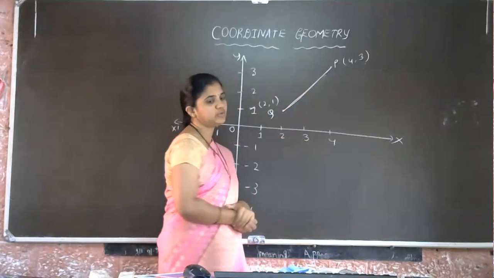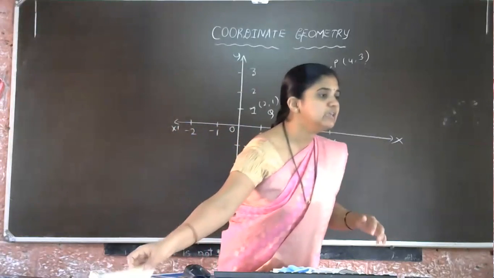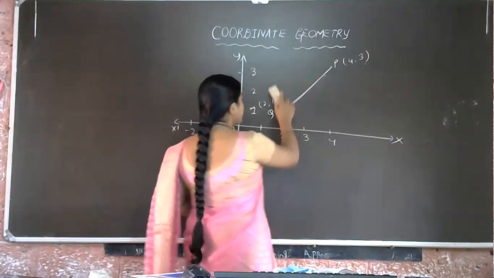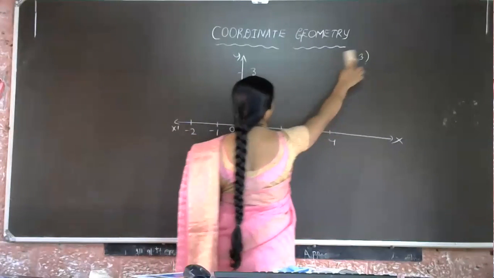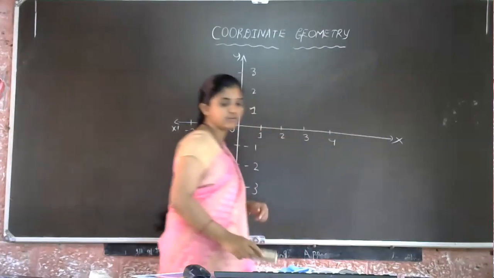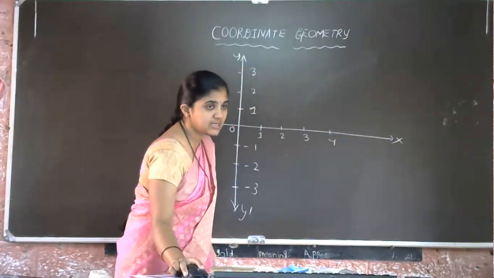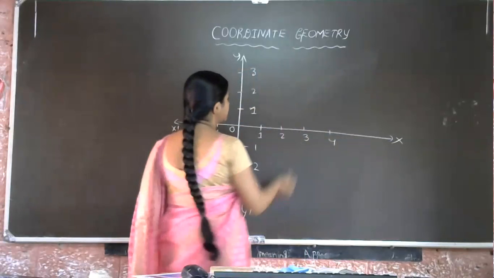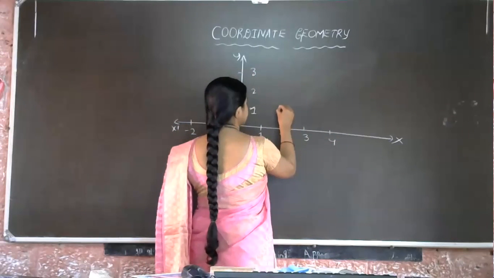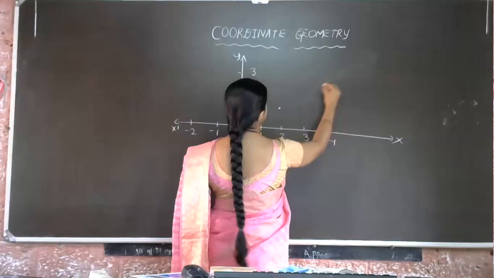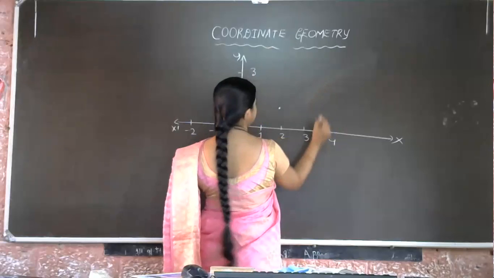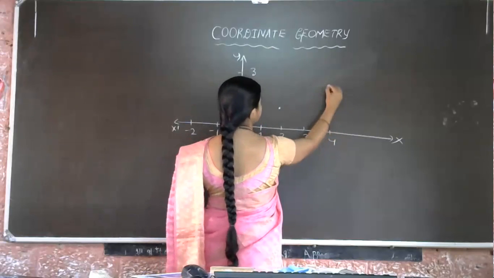Now we'll derive the distance formula. So now it is the derivation part. Here you just observe one Cartesian plane. See here. I'll mark a point like this.